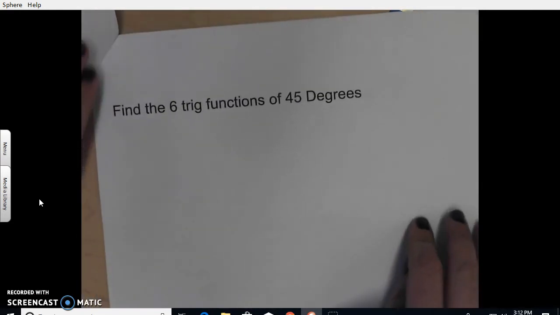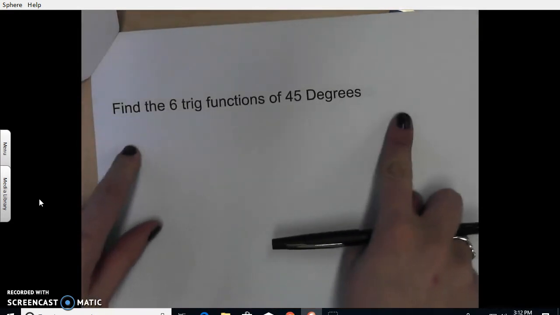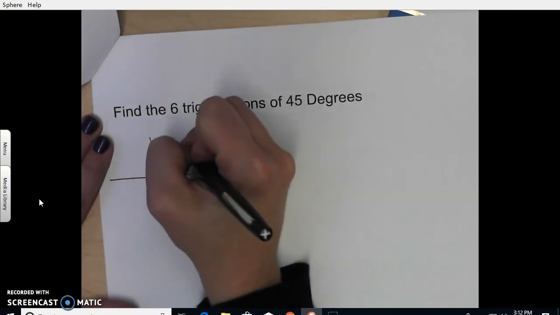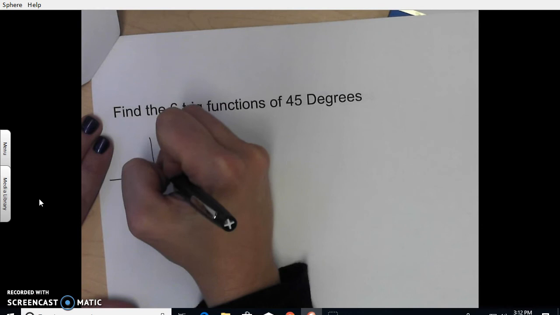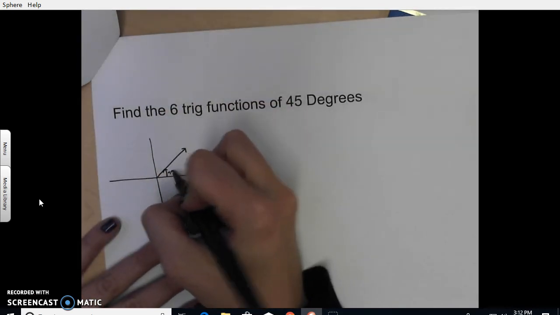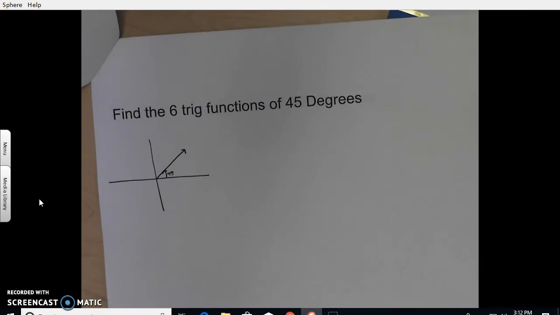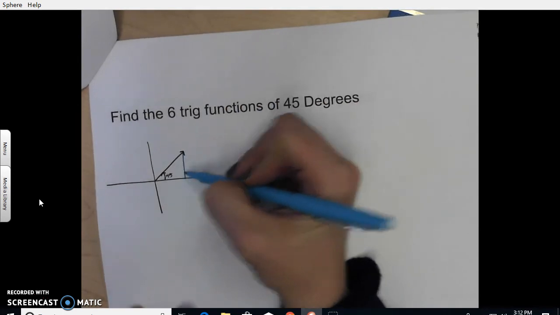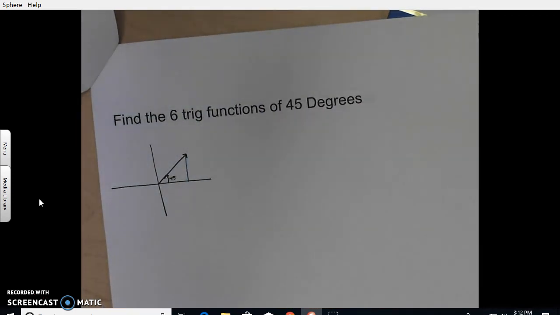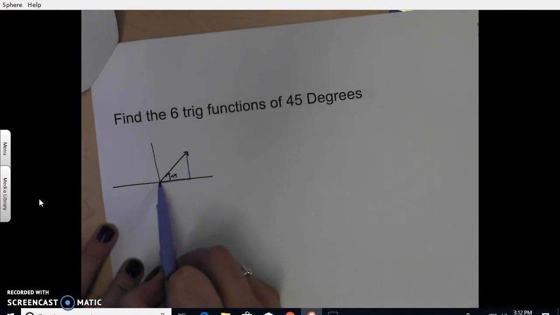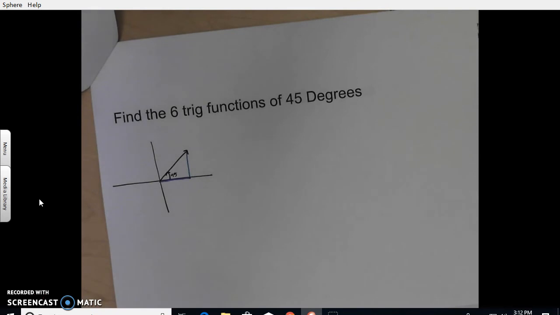So let's try and find the 6 trig functions of 45 degrees. I'm going to draw 45 degrees. I then need to make a triangle with my x-axis. So I go straight down, and then my x-axis is the third side of my triangle.